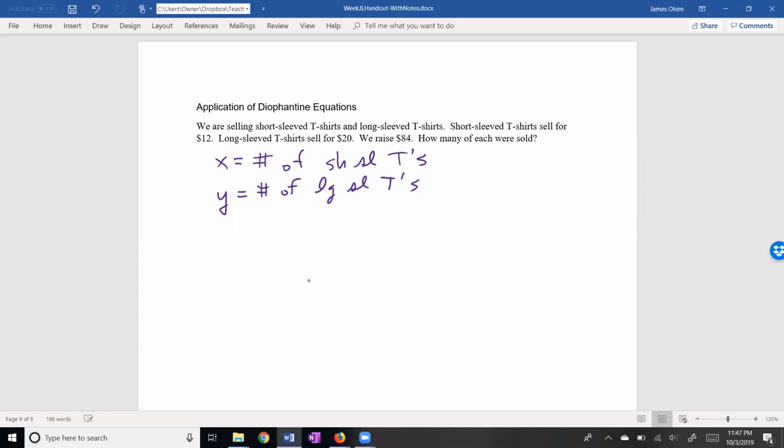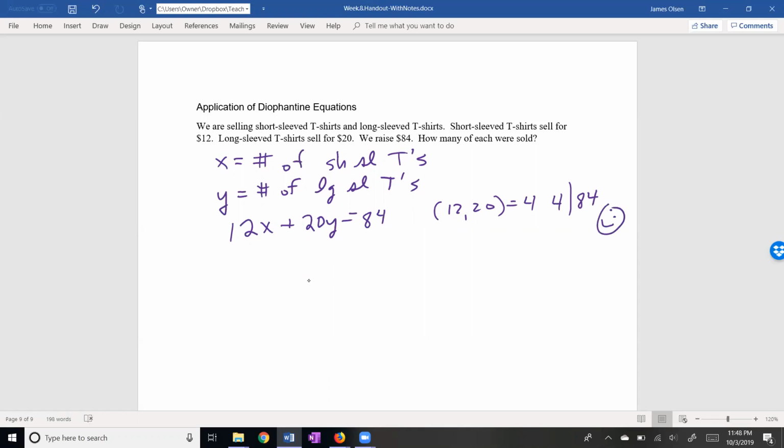So my equation here is going to be 12x plus 20y equals 84. The GCD of 12 and 20 is 4. 4 does divide 84, so we are going to get solutions.